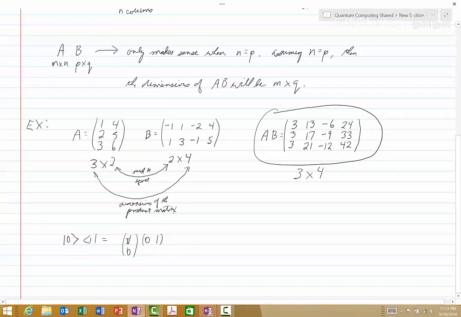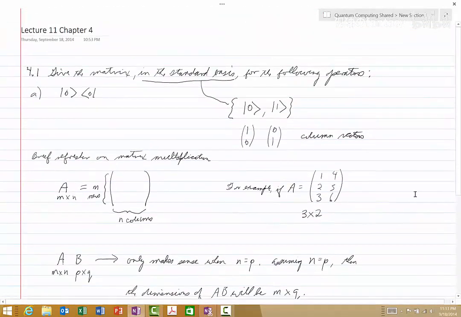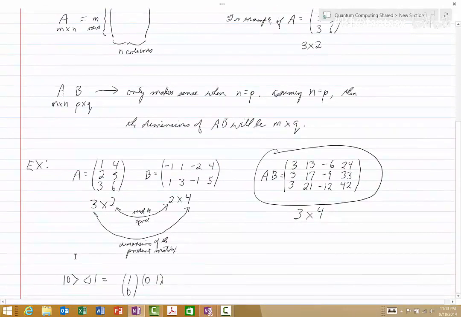So one more time, we said above that the 1 ket corresponded to the column vector 0 1, but down here we have the 1 bra, so that corresponds to the row vector 0 1.